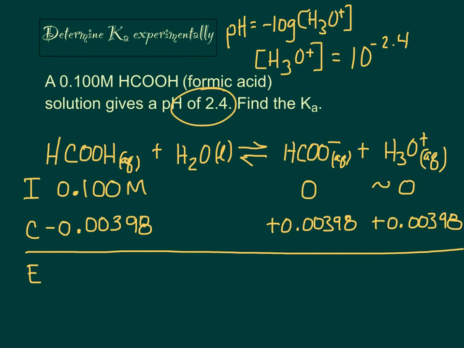Hopefully some of you right now are wondering why I put approximately 0 for our initial hydronium ion concentration. So what's up with this? Well, part of that is because this is in water, and water self-ionizes. We've talked about that.